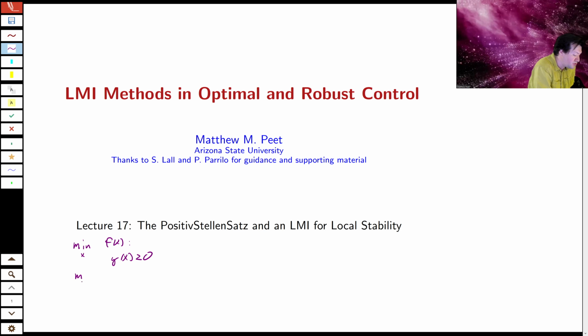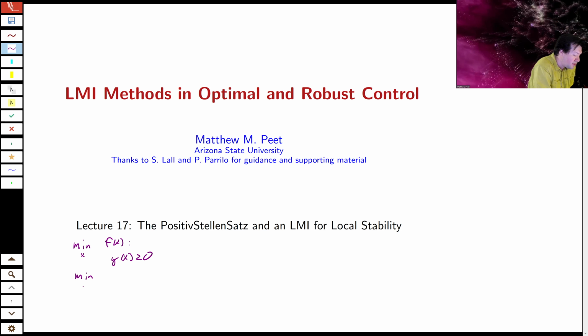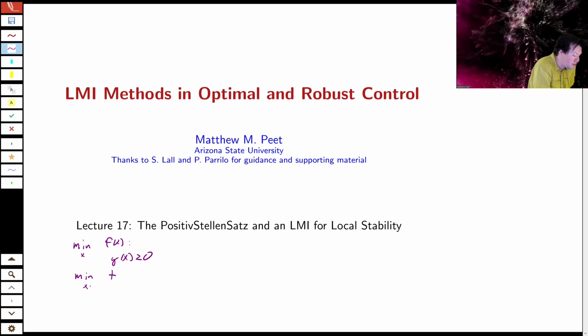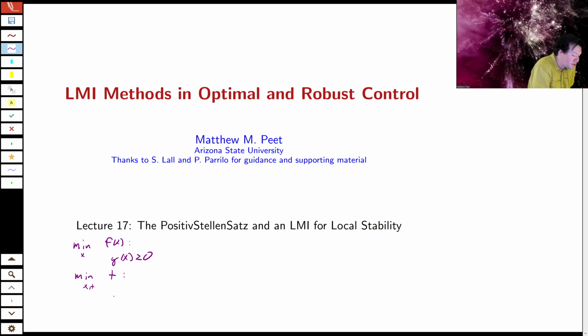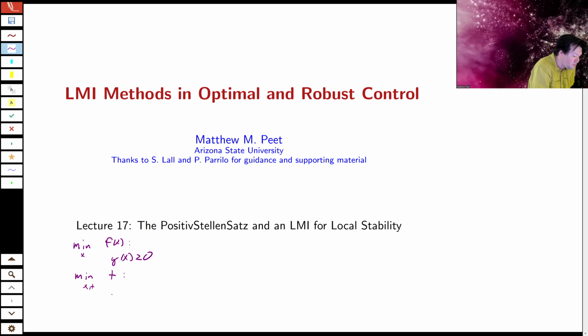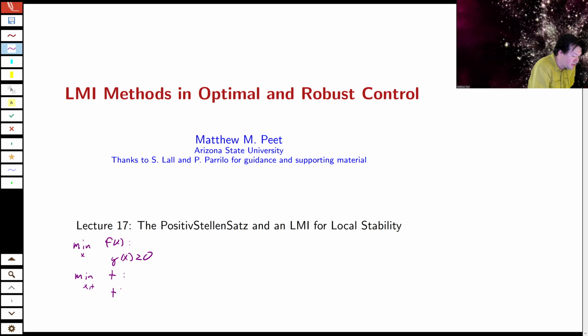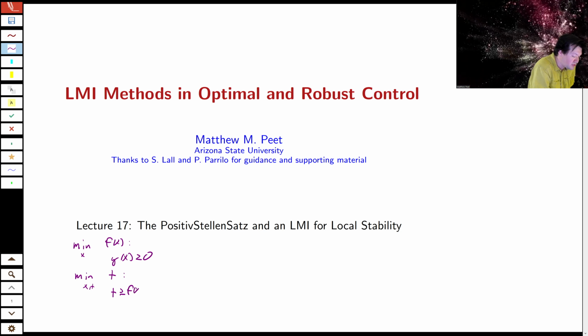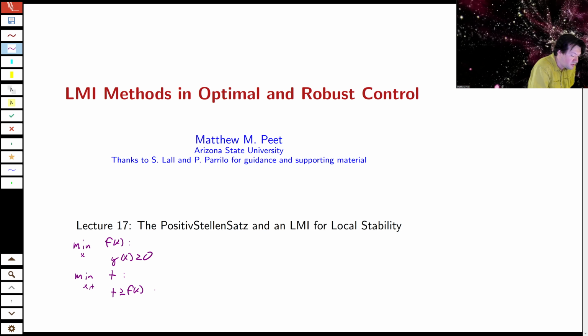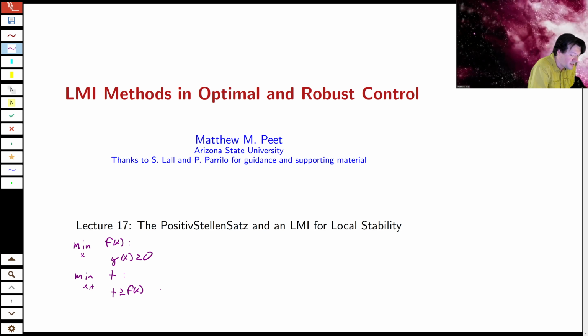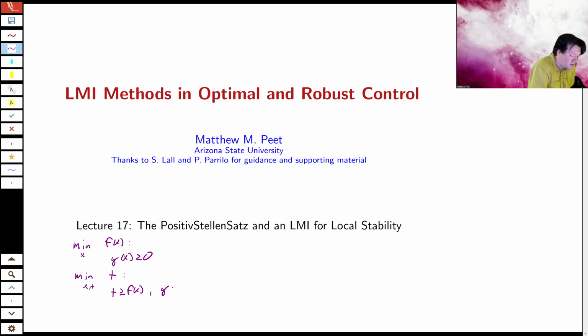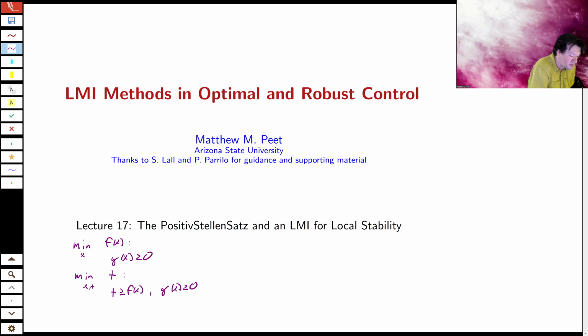So partial geometric and full: min over x, t, such that t is greater than f of x for all x on the set g of x greater than or equal to 0.